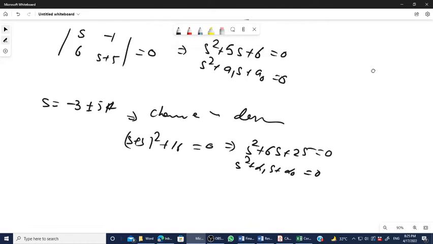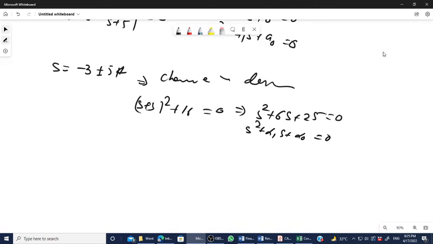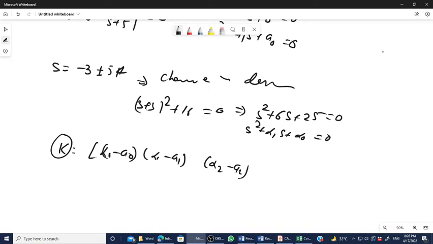So your K is equal to alpha_0 minus a_0, alpha_1 minus a_1, alpha_2 minus a_2. Since it is represented already in the controllable form, K is equal to Kz.